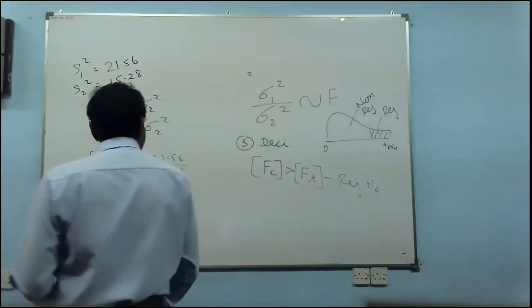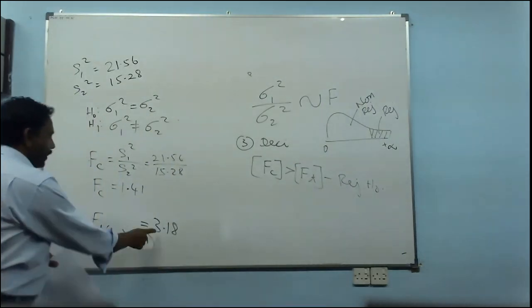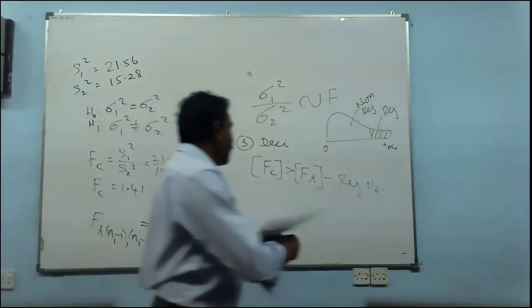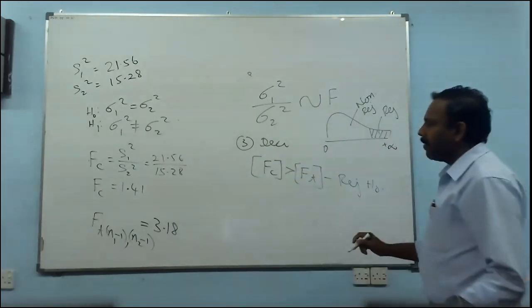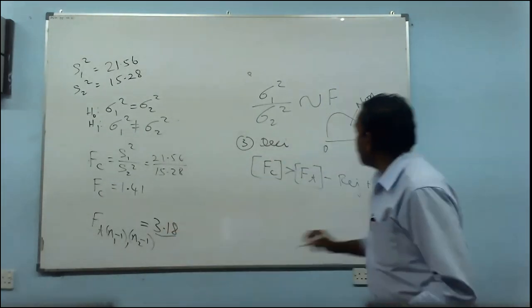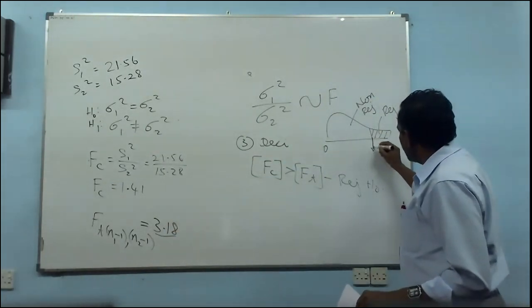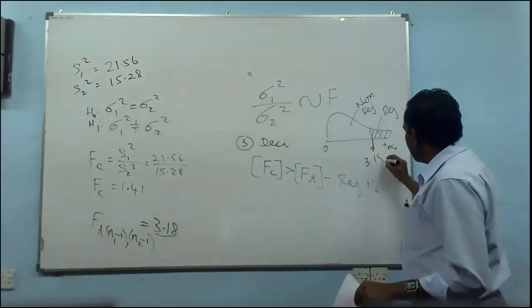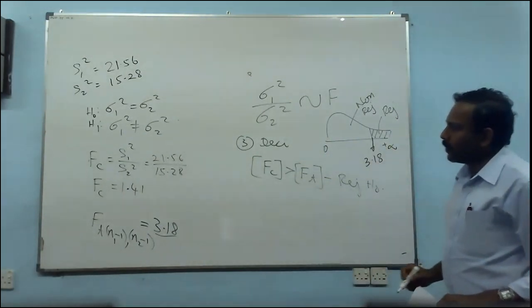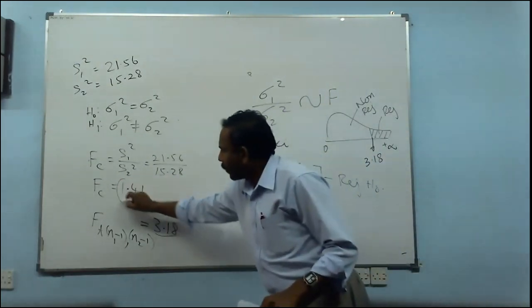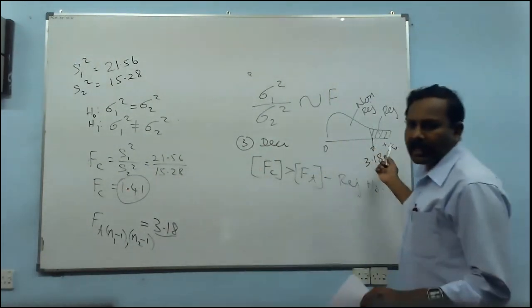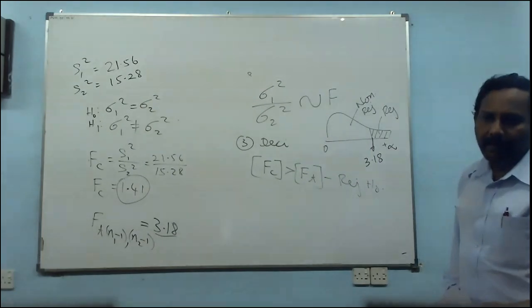Now here, if I demarcate my critical value or the table value, 3.18 in our example, you see whether this calculated value is falling in the rejecting region or non-rejecting region.